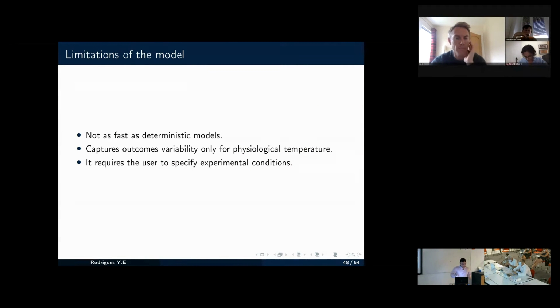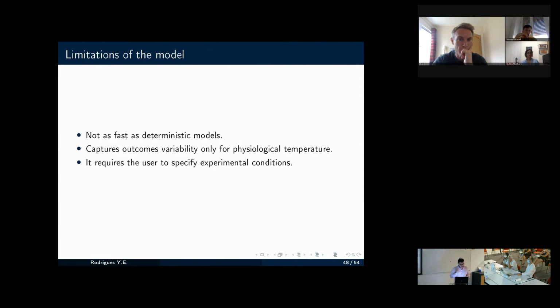Right now, let's talk about the bad points of the model. It certainly has some limitations. One of those is that it is not as fast as deterministic models because you have to spend some resources to make it closer to the appropriate level of description. So it's not as fast because you have to simulate the precise timing of jumps.